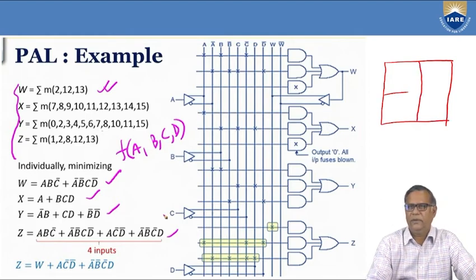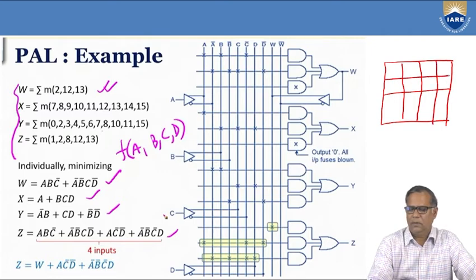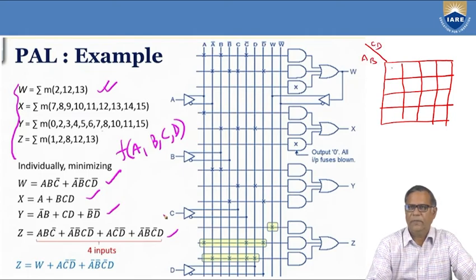You have numbers up to 15. That means you need 4 variables. So let us call this AB and this CD. So this is 0 0, 0 1, 1 1, 1 0, and 0 0, 0 1, 1 1, 1 0.